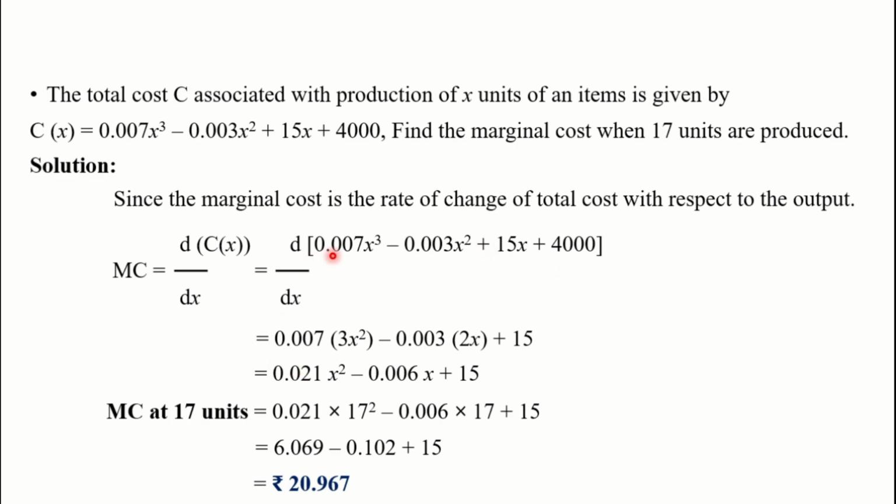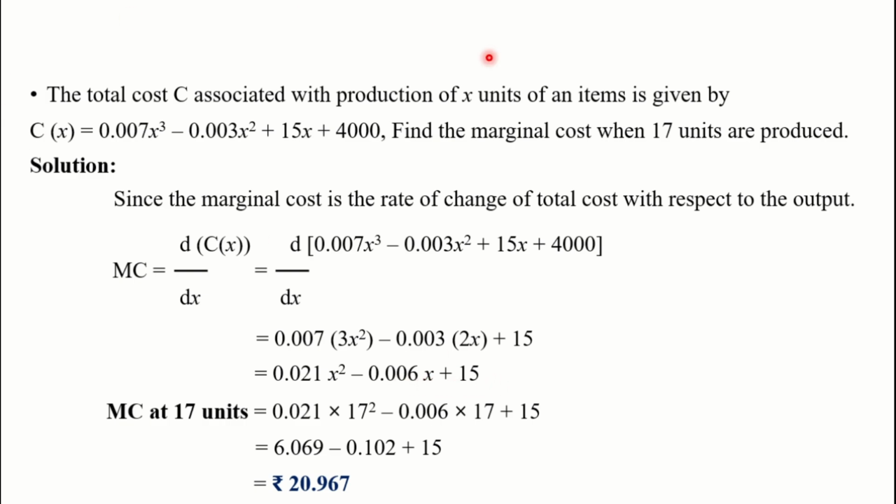Now 0.007 is a constant. The derivative of x cube is 3x square, minus 0.003, the derivative of x square is 2x, plus the derivative of 15x is 15, as the derivative of x is 1. The derivative of 4000 is 0. That's why the marginal cost function is 0.021x square minus 0.006x plus 15.